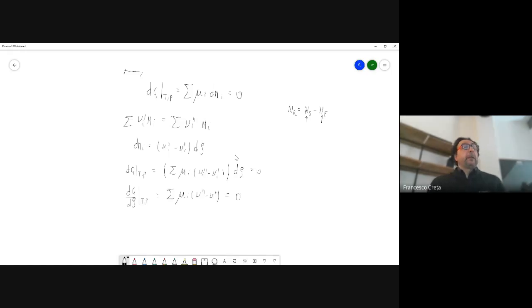So this is the minimum point of the graph we drew yesterday, okay?